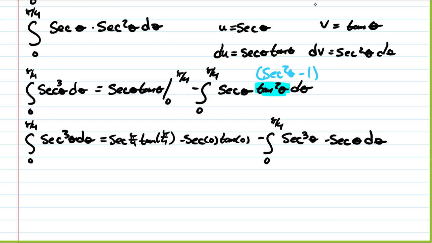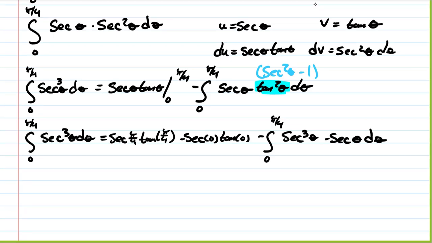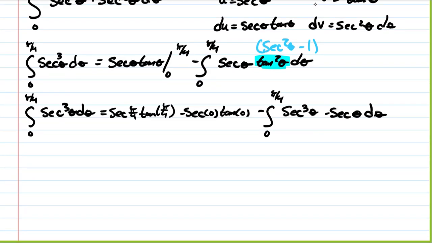So what is the secant of pi over 4? Well, secant is 1 over cosine. And what's the cosine of pi over 4? 1 over the square root of 2, or root 2 over 2. So then if secant's the reciprocal, this is just going to be the square root of 2. And what is the tangent of pi over 4?